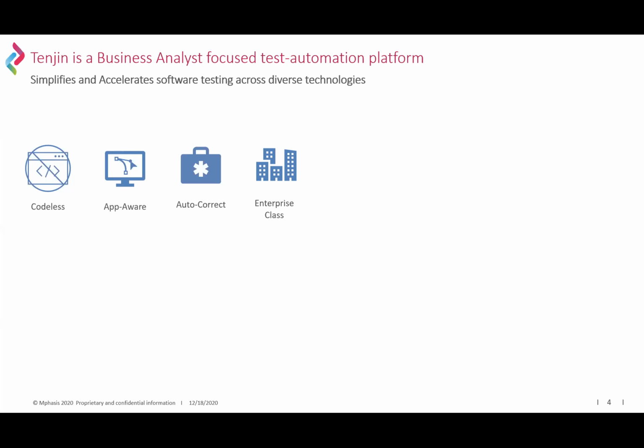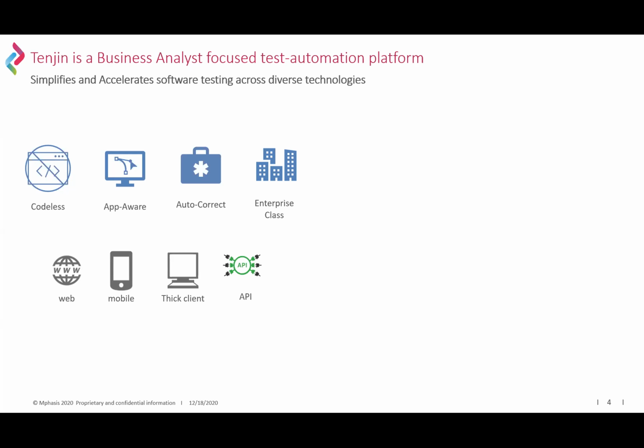And it has been proven at multiple banks to be a solution that can handle an enterprise class requirement from a testing mandate. It can work across applications, across a web-based application, a mobile app, native as well as hybrid, across iOS and Android. It can work with legacy thick client applications as well as REST and SOAP APIs.